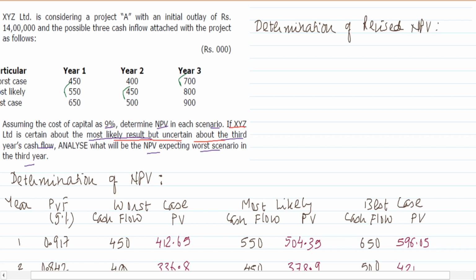Okay, revised NPV. I'm sure about the 550, 450, but the third year 700.